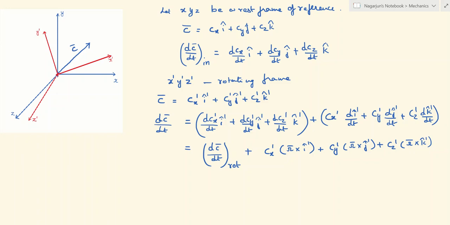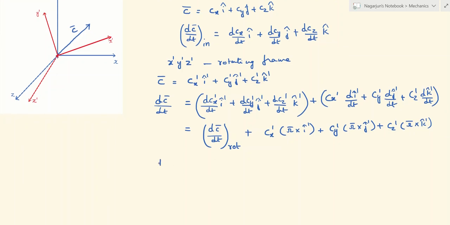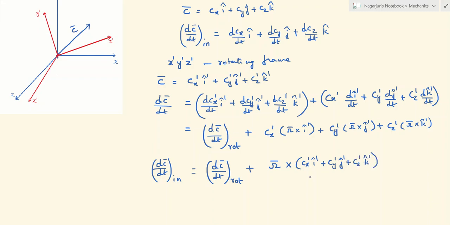Or we can also express dc bar by dt with respect to the inertial frame, the left hand side, is equal to dc bar by dt with respect to the rotating frame of reference plus, we can consider the second part of this right hand side something like this: omega bar cross cx dash i cap dash plus cy dash j cap dash plus cz dash k cap dash.